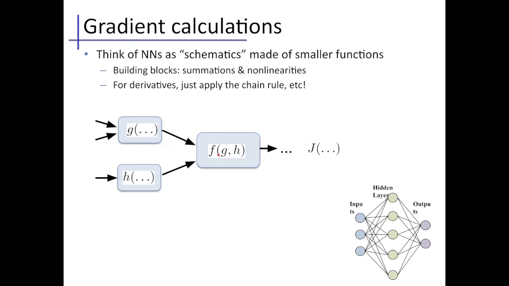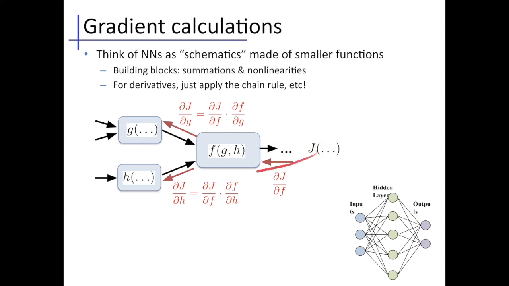That's easy. We directly calculate the gradient of the loss with respect to f. But suppose I want to calculate the gradient of J with respect to g. How do I do that? I can apply the chain rule to calculate the gradient of J with respect to f first, then take the gradient of f with respect to g and take the product of these two, following this path. Similarly, we can calculate the gradient of J with respect to h this way, following this path.